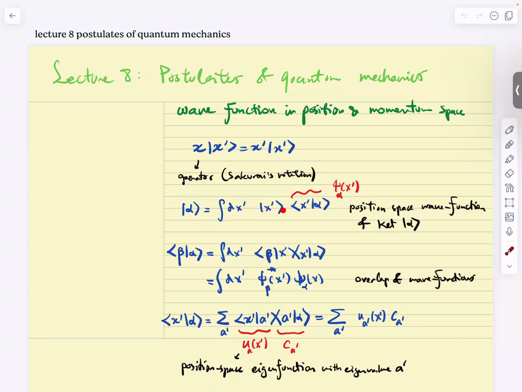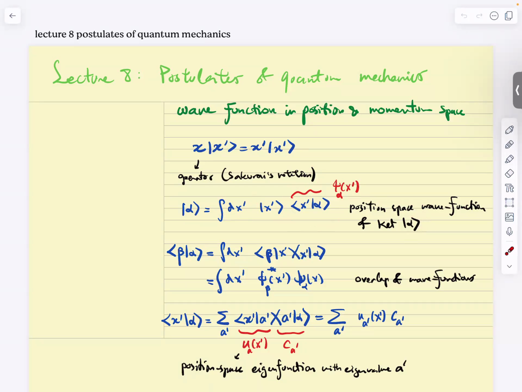And the ket x prime, bra x prime is a projection, but it's not normalizable. It's a Dirac delta function normalizable projection. All right. We gave this a name. We said that this is the wave function, right? This is the position space wave function of ket alpha.